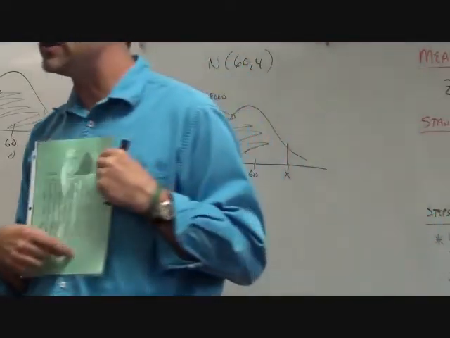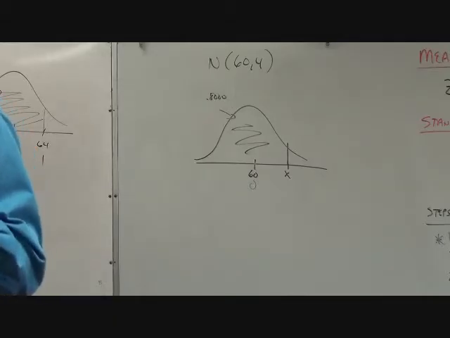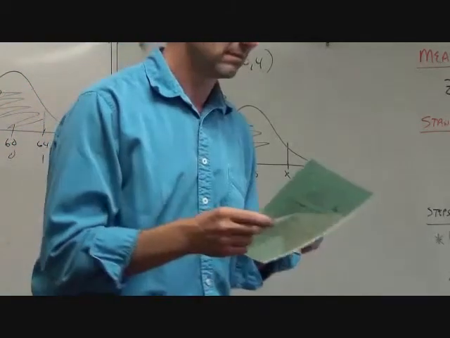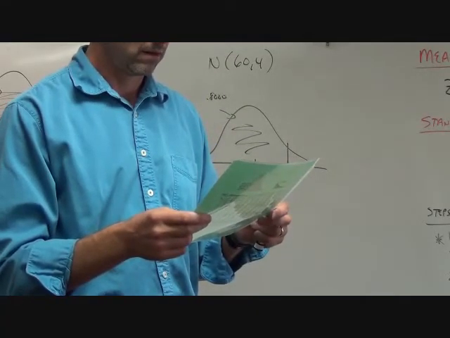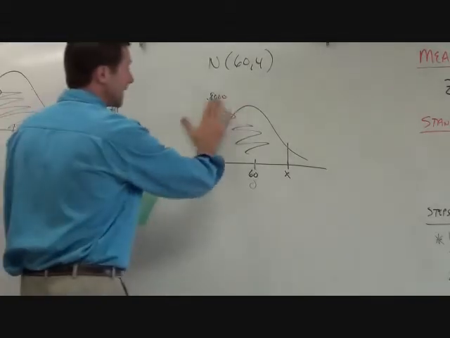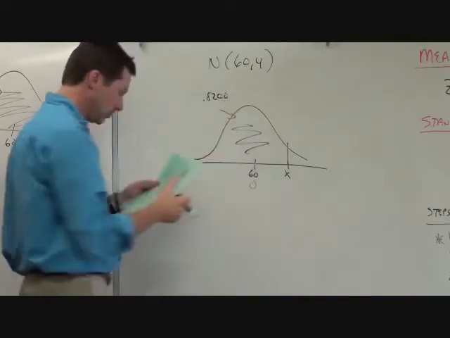How many standard deviations from the mean do you need to be for 80% of the scores? You started off saying 82nd. At the beginning you said 82nd. Oh, I'm sorry. Okay. So you guys were doing 82nd percentile? Yeah. Okay. All right. So I'm looking for 0.8200.